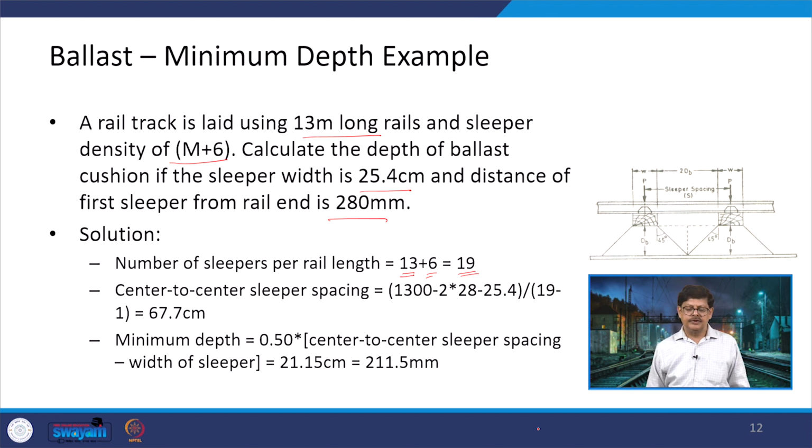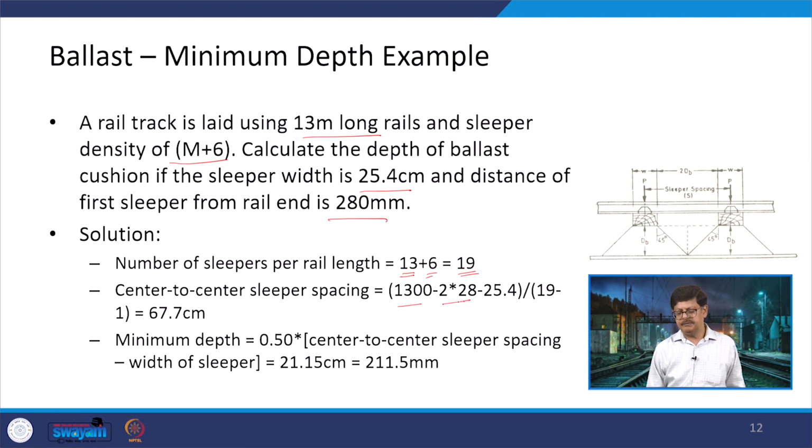Now, the width of the sleeper is being given to us. So, we need to find out the center to center sleeper spacing. What is the center to center sleeper spacing? It is 13-meter long, so it is 1300 centimeters. Then there is a distance of the sleeper from the rail end, that is 280 mm.